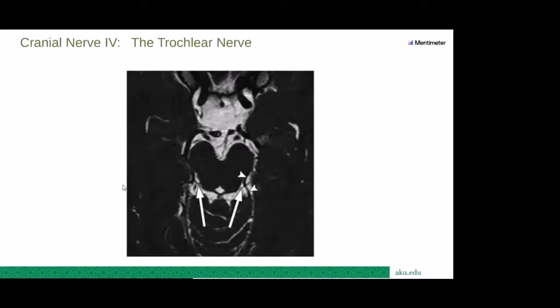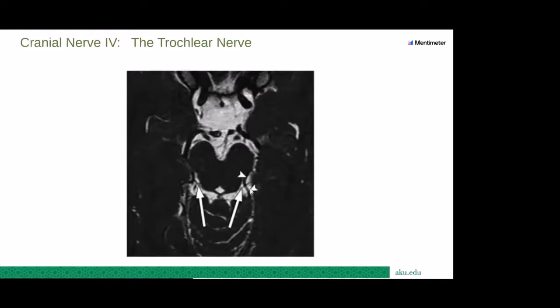The fourth nerve, which is the trochlear nerve, is the only cranial nerve which arises on the dorsal aspect of the brain stem, and then it runs along the two leaflets of the tentorium.